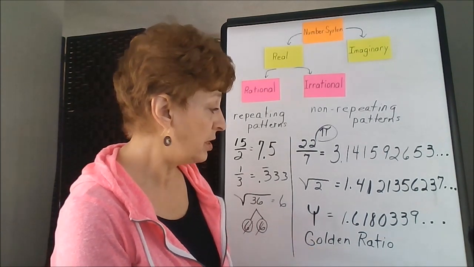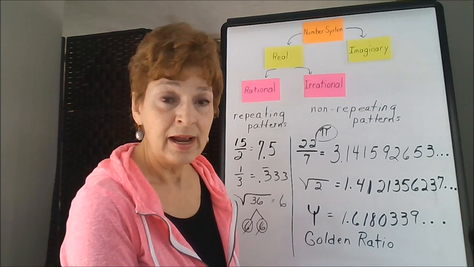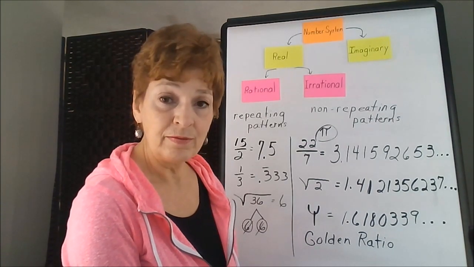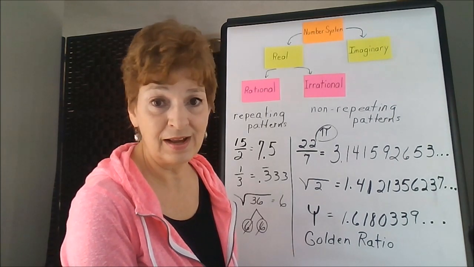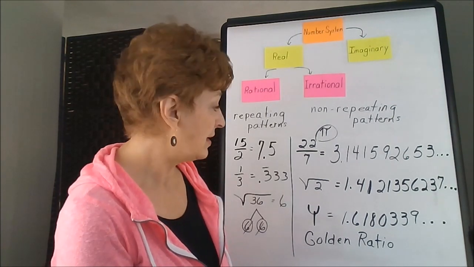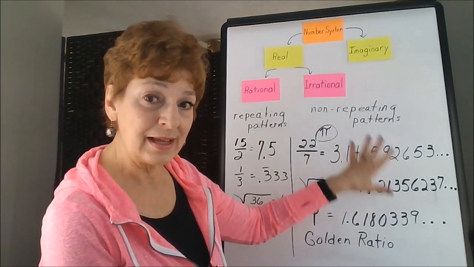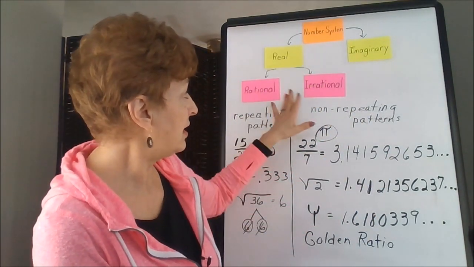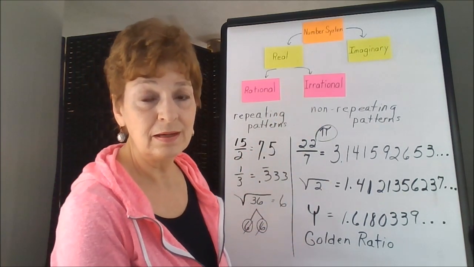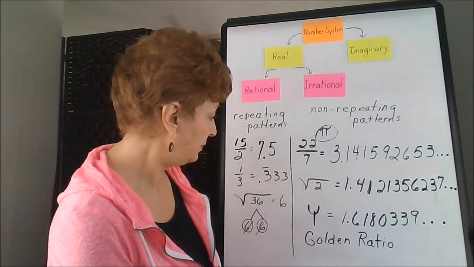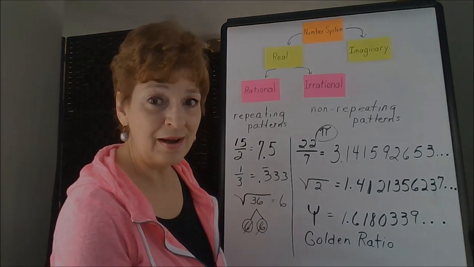This golden ratio creates lovely patterns, especially in nature, and a lot of mathematics is really used to unlock the secrets of nature anyway. So it's really just a fascinating topic all the way around. But this is just a slight overview. I want to give you an understanding of the number system itself and basically what jumps into these different categories. So treat yourself to look that one up if you are so inclined.